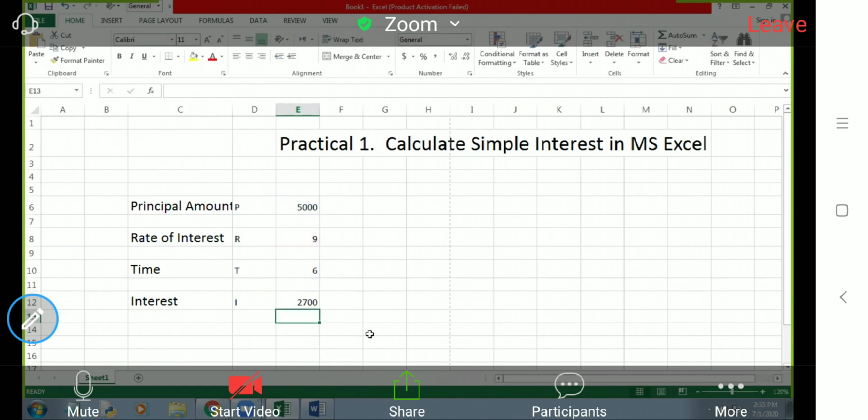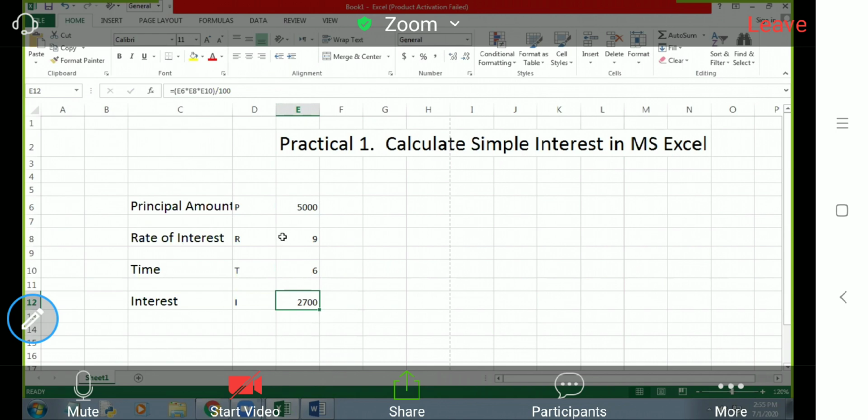As you can see now, after multiplying 5000 by 9 multiplied by 6 and dividing by 100, we get 2700. So this is the value, 2700.